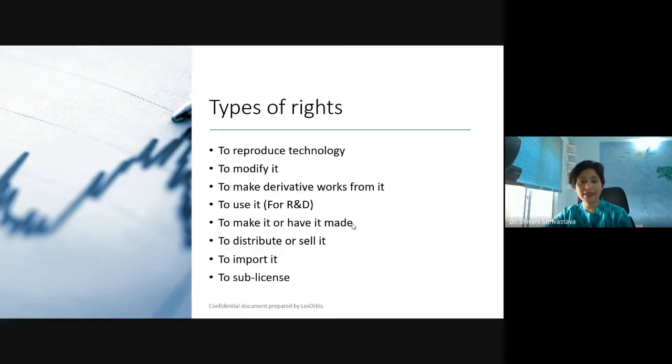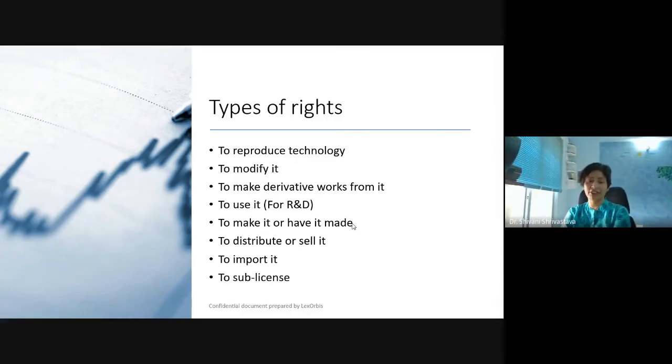So the next step is types of rights. We need to explain what kind of rights we are going to give to the licensee. This needs to be written properly in the license agreement.